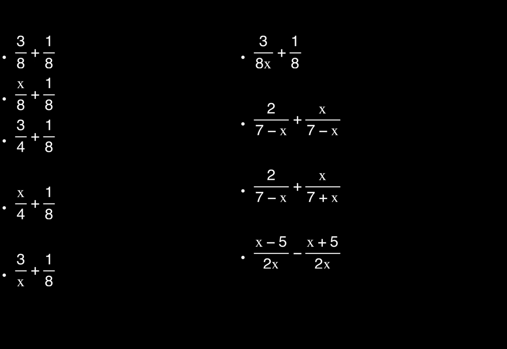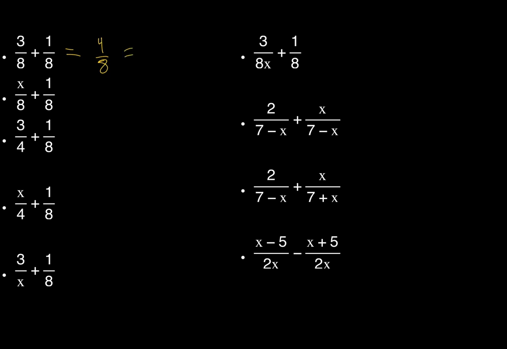When adding fractions, what do we need to have? Common denominators. So what was that first one? 4/8, which then you can reduce to 1 over 2 if you want.